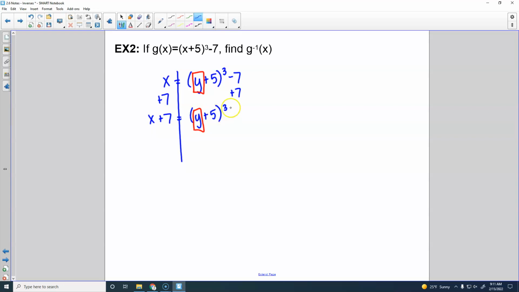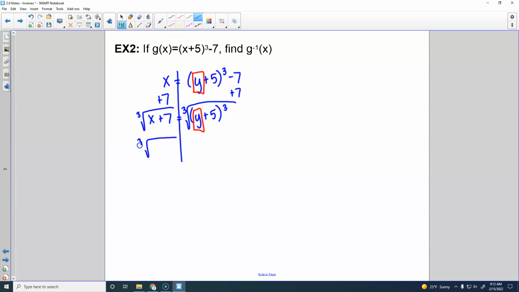We're going to take the cube root, because normally, like if it was a square, we do a square root. Right here, we got to do a cube root of both sides. If you do a square root, you have to put a plus or minus. If you do a cube root, you do not put a plus or minus, because you can take the cube root of a negative number. So odd roots don't need that plus or minus there.